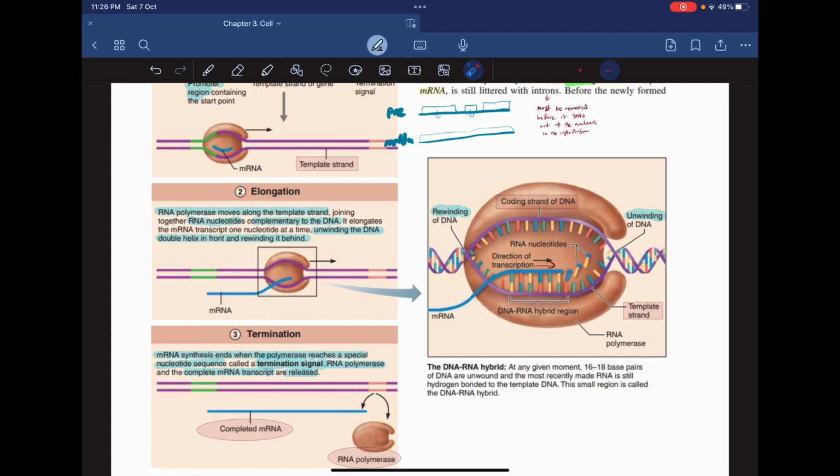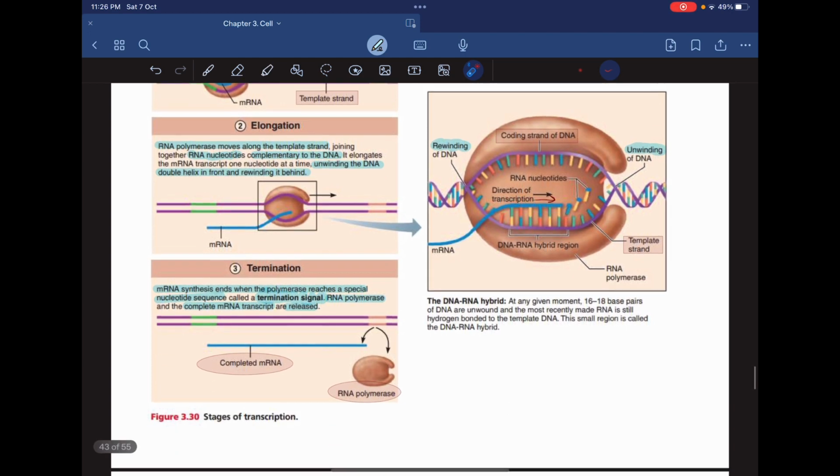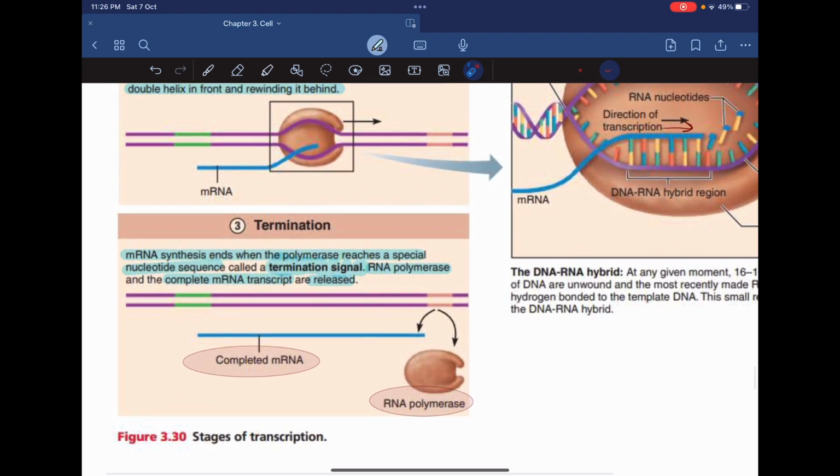Intron splicing happens using the spliceosome to produce a mature mRNA that leaves the nucleus through a nuclear pore and enters the cytoplasm to begin translation. That's it. When it reaches the terminator region, the RNA polymerase and the completed mRNA detach and it's degraded.